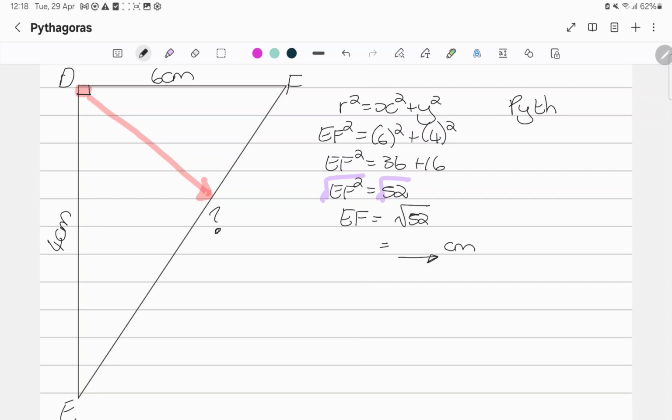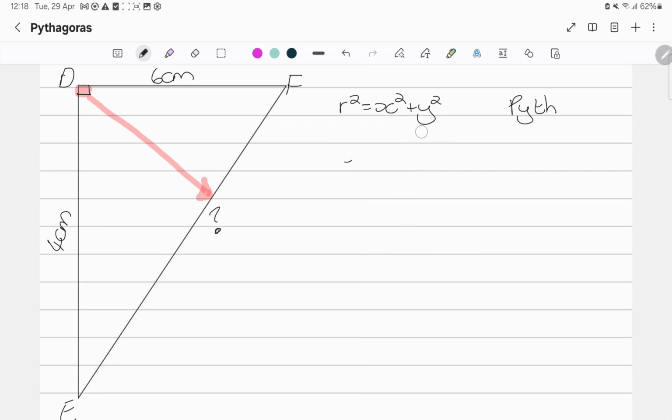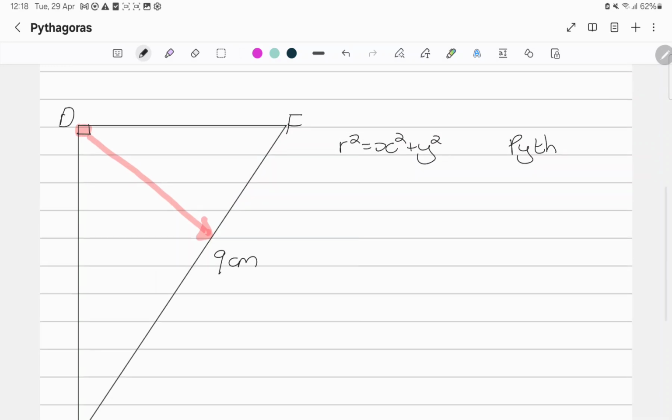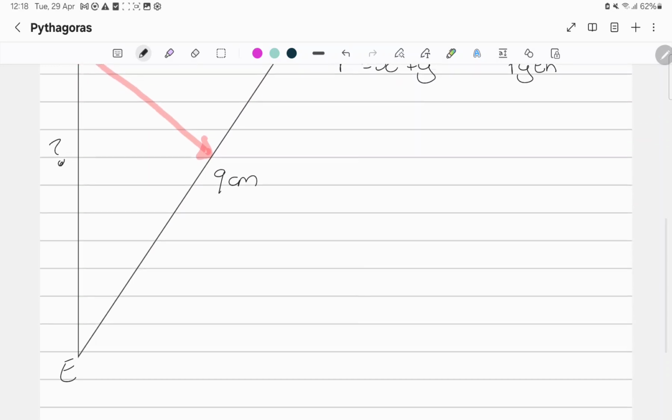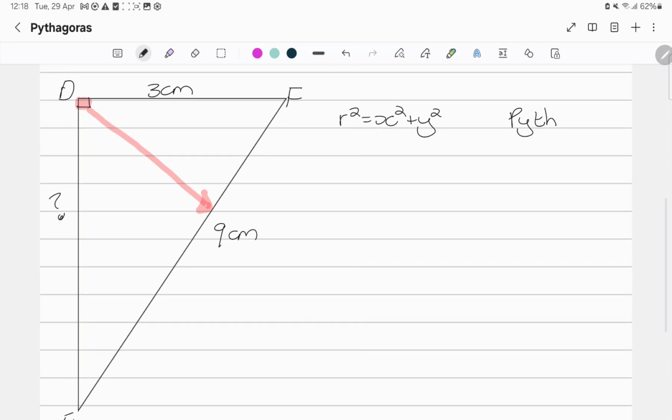Same thing, let's say I switch it around now. Okay, so let's switch it around. Let's say I'm going to make this 9 centimeters, this 3 centimeters, and then I want to know what is the length of DE. So write down my formula, r squared equals x squared plus y squared.